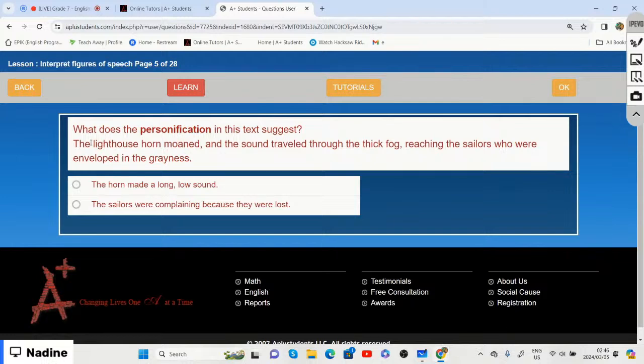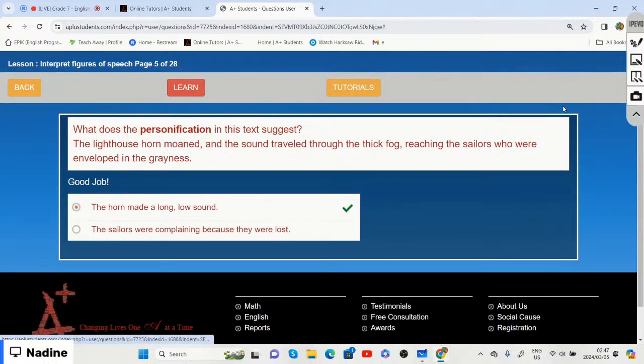Does it mean that the horn made a long, low sound, or the sailors were complaining because they were lost? We need to select the correct one. And if we were to choose the correct one, we would say the horn made a long, low sound.